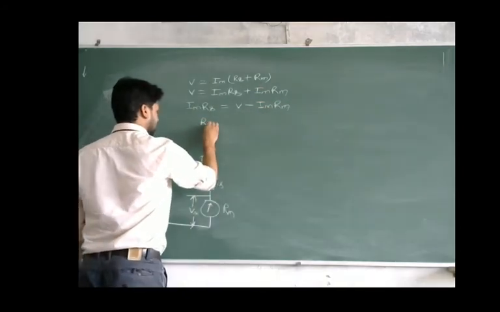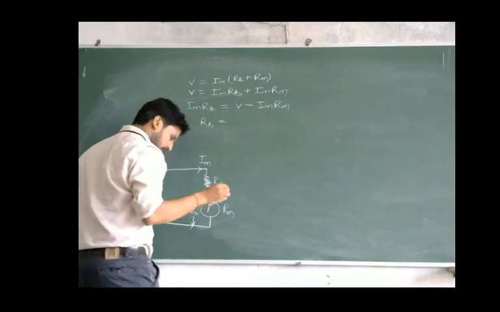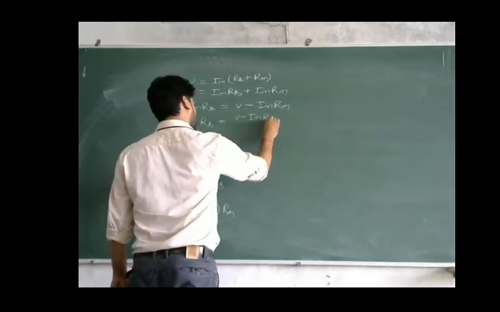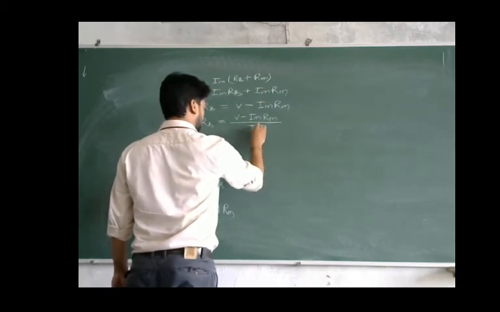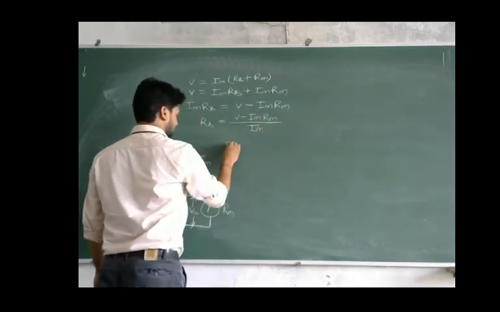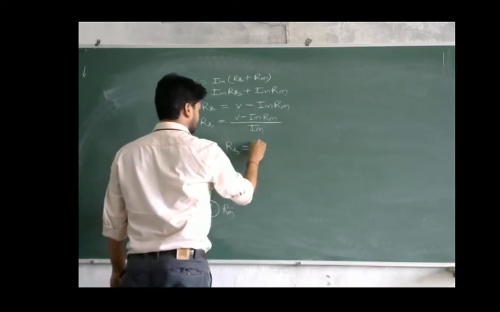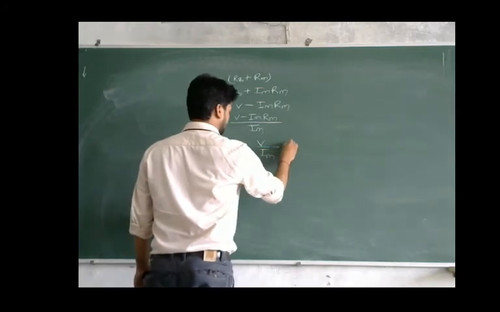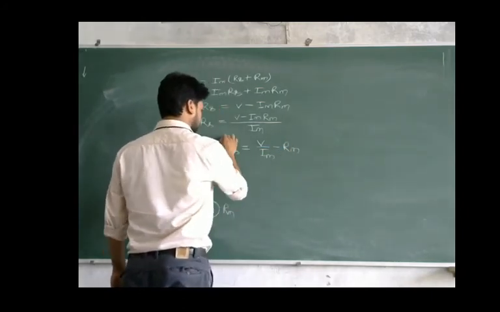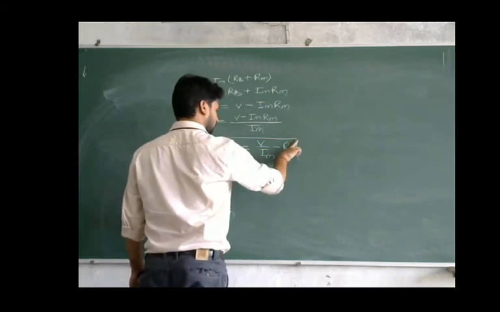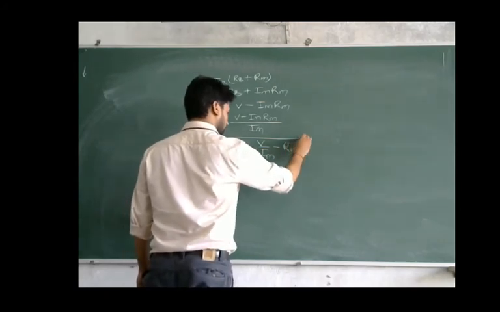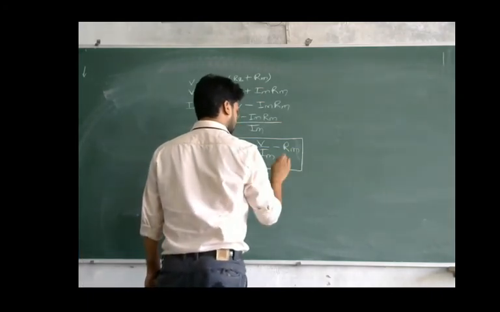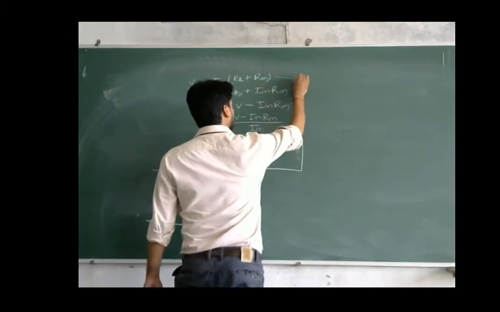Thus Rs is equal to V minus Im Rm upon Im, so that we can write that Rs is equal to V upon Im minus Rm. This is equation number 1.